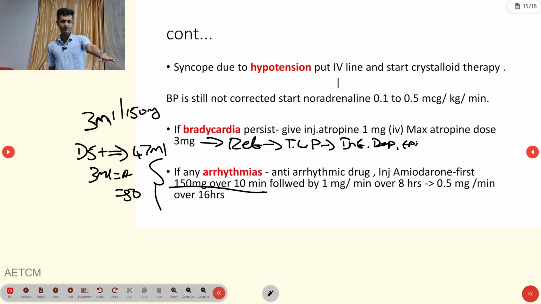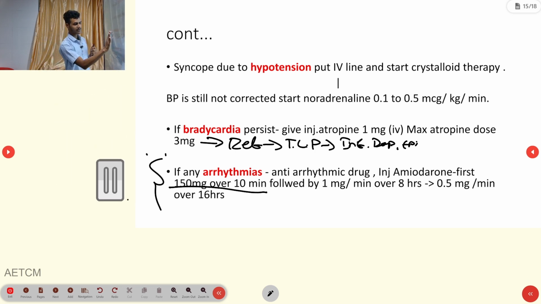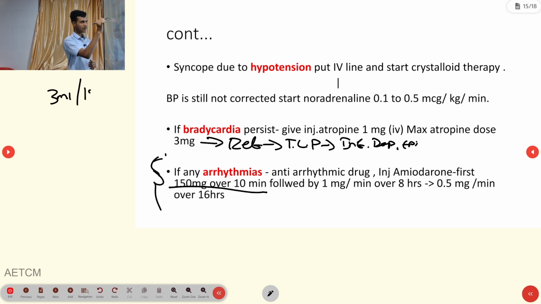Followed by 1 mg per minute for 8 hours, and 0.5 mg per minute for 16 hours. How do we dilute? Just for remembrance I am telling the dilution, but mainly we are not using that infusion in a pre-hospital situation. For 1 mg per minute, we said 3 ml contains 150 mg, that is one ampule.